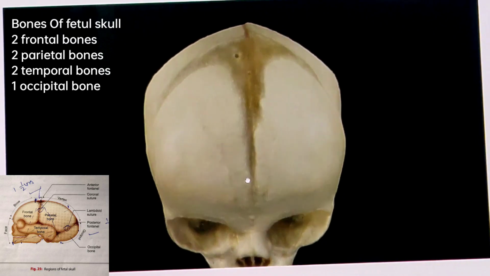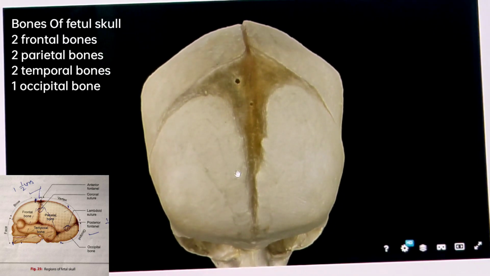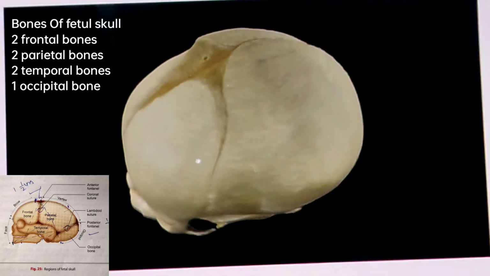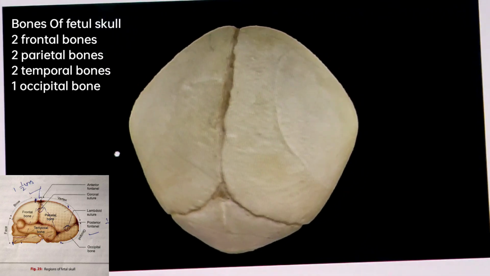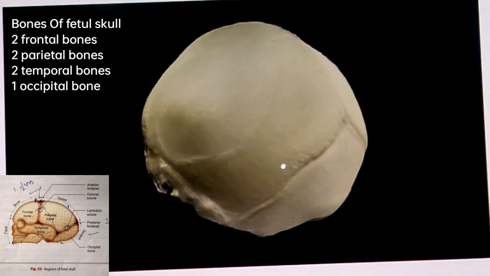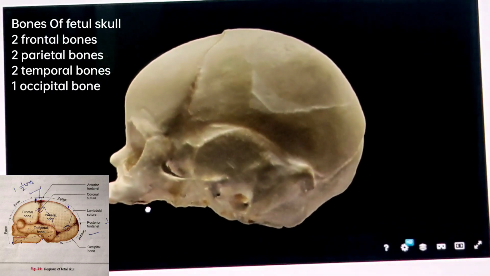So now we are going to see the bones of the fetal skull. There are two frontal bones. In the video you can see this is the first and this is the second. Then two parietal bones. Just behind the frontal bones there are two parietal bones. Both of these are the parietal bones. And two temporal bones, just at the level of the ear.